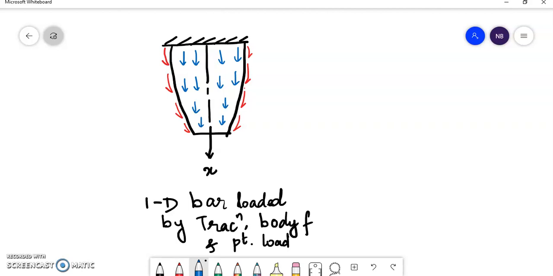And there are 2 point forces acting. This is P1 and this is P2. So this is the problem we have.